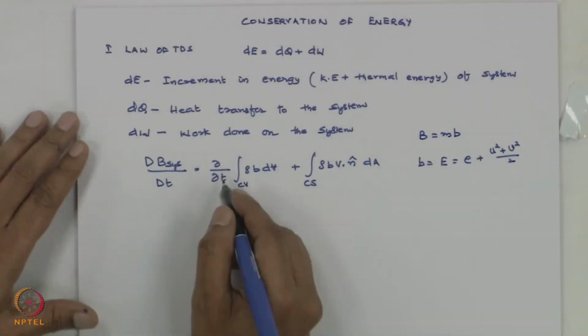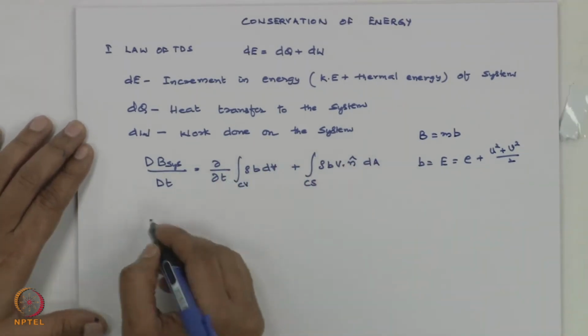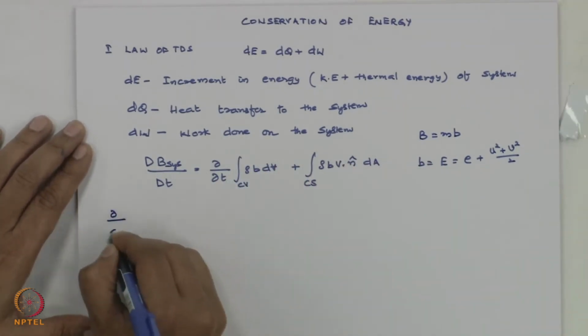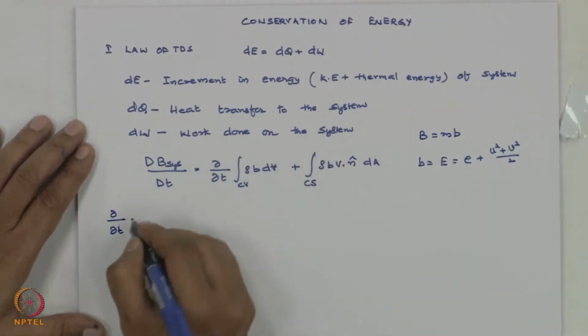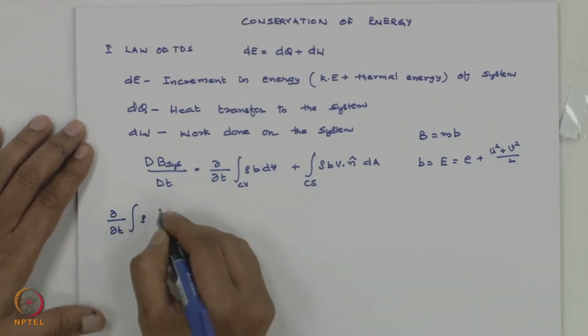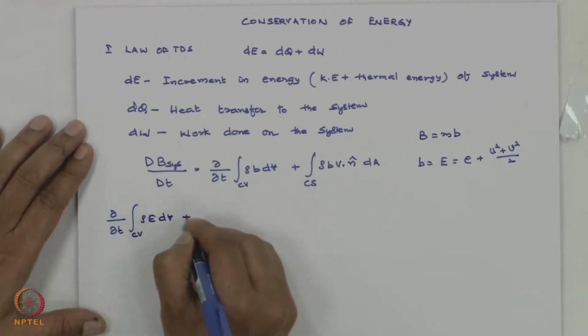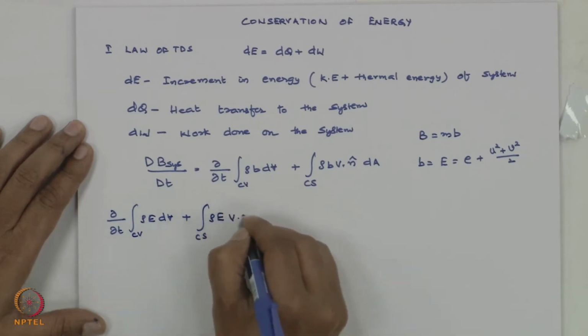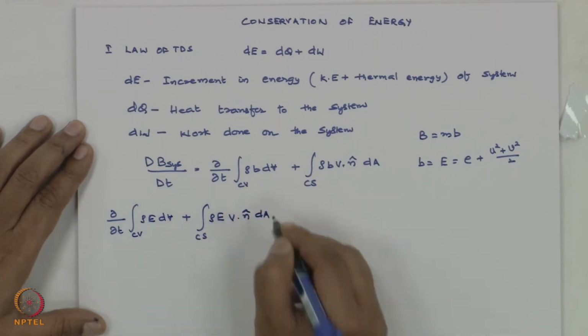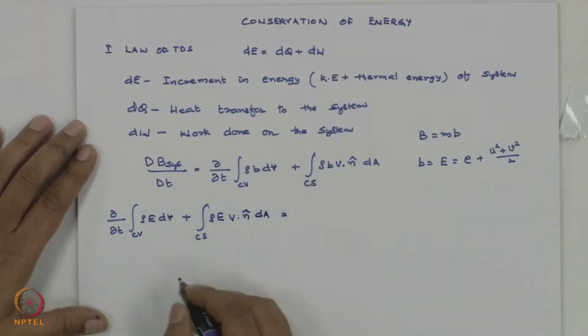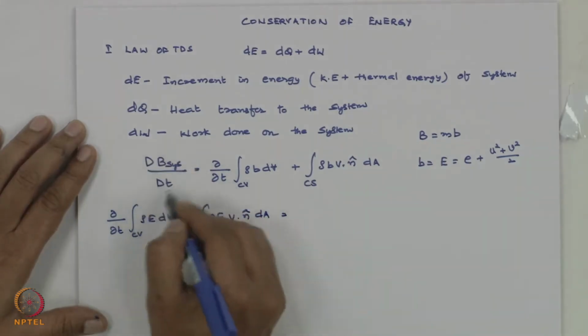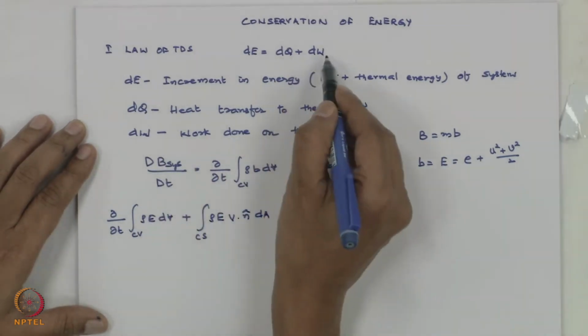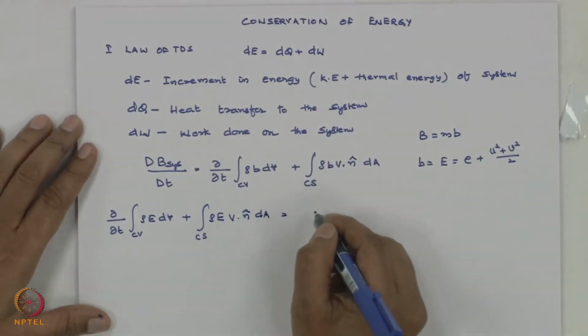So the right hand side of this equation reduces to dou by dou t of rho E dV over the control volume plus rho E V dot n dA, which is equal to whatever is happening on the system, dQ plus dW, which will come for the control volume also.